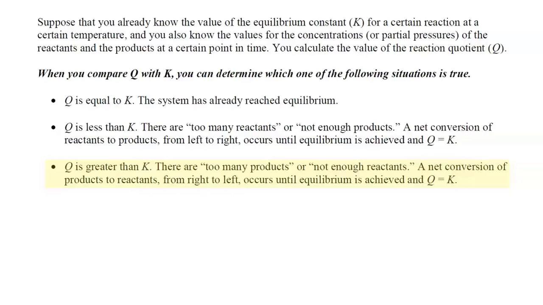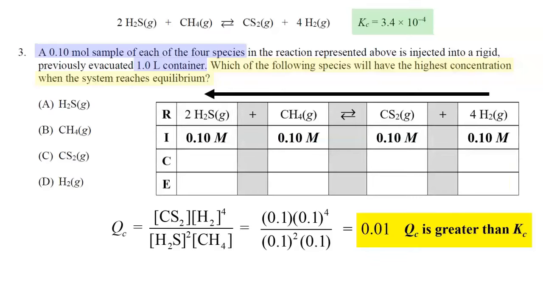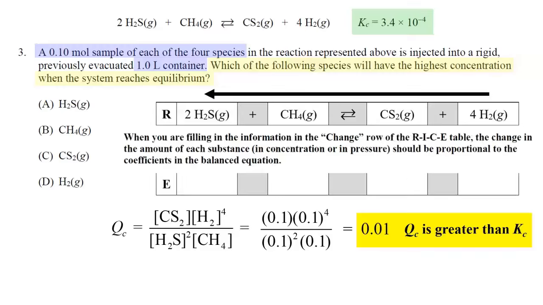So now that we know that Q is greater than K, there will be a net conversion from right to left or from products to reactants. I'm going to fill in the change row of my RICE table, remembering that the change will always be in proportion to the coefficients in the balanced equation. And since my coefficients from left to right are 2, 1, 1, and 4, that means that the magnitude of change in terms of x will be 2x, x, x, and 4x.